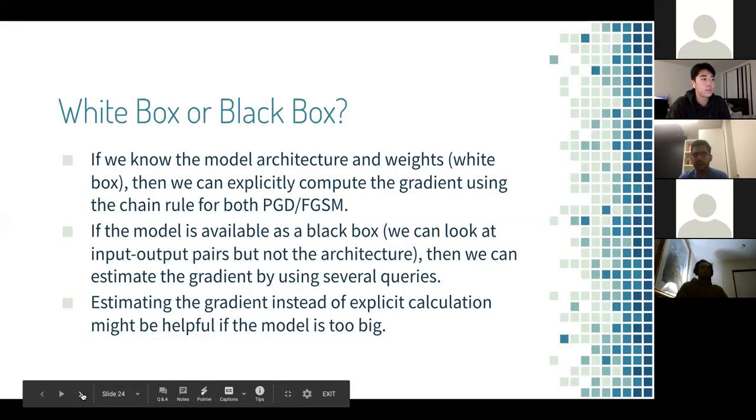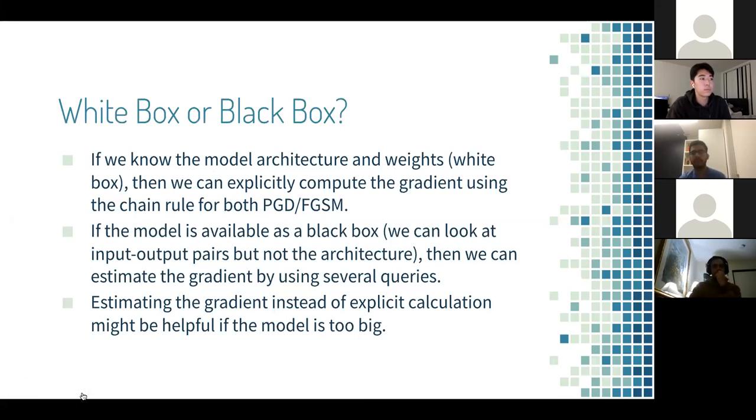But if you don't have access to the model architecture, the only thing you are able to do is maybe feed an input into the model and look at what the output is. In that case, you can't calculate the gradient explicitly. So what you might do is that at every single point, you try to estimate the gradient using several queries. So this basically means that if you have a very simple function f of x, and you want to think about what the derivative of, let's say, sine x is, you may not know that it's cos x.